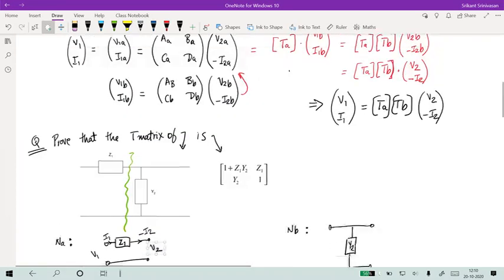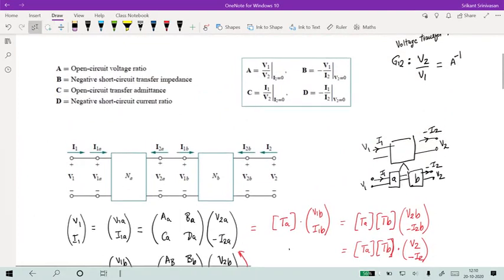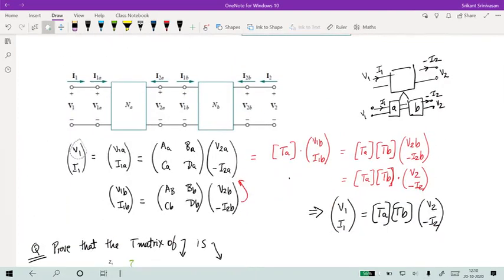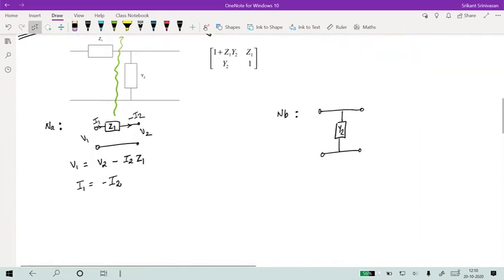But remember that my transmission matrix formalism wants me to write V1 in terms of V2 and I2. I don't want to write V1 in terms of I1 because they are both on the same side, right? When I'm using the transmission matrix. So therefore, I have chosen to write V1 as V2 plus Z1 into minus I2. So that's why I've written this in this format.